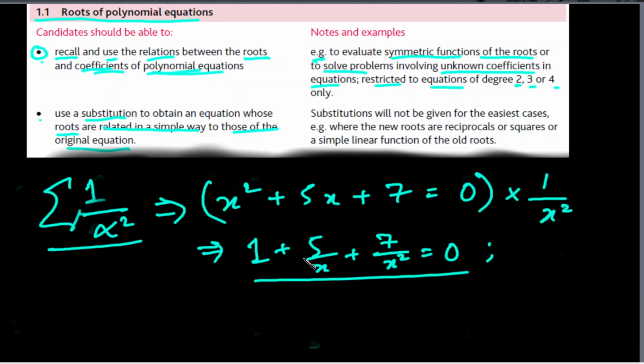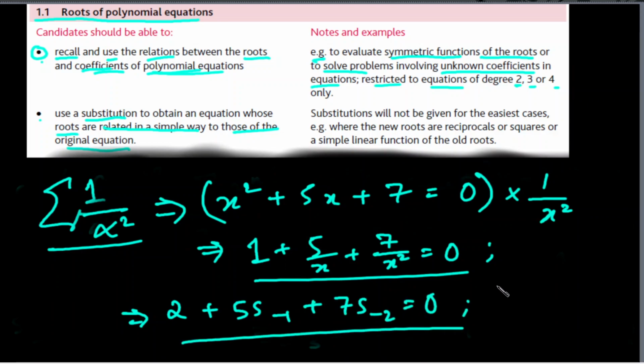Remember, there's two roots, so we're multiplying 1 by 2. So you get 2 plus 5s to the -1 plus 7s to the -2 equals 0. And we find s to the -1 to be, well, you could use recurrence relation again and divide by x, or you could just use the fact that it's equal to 1 by alpha plus 1 by beta, which is just alpha plus beta by alpha beta after you cross multiply.